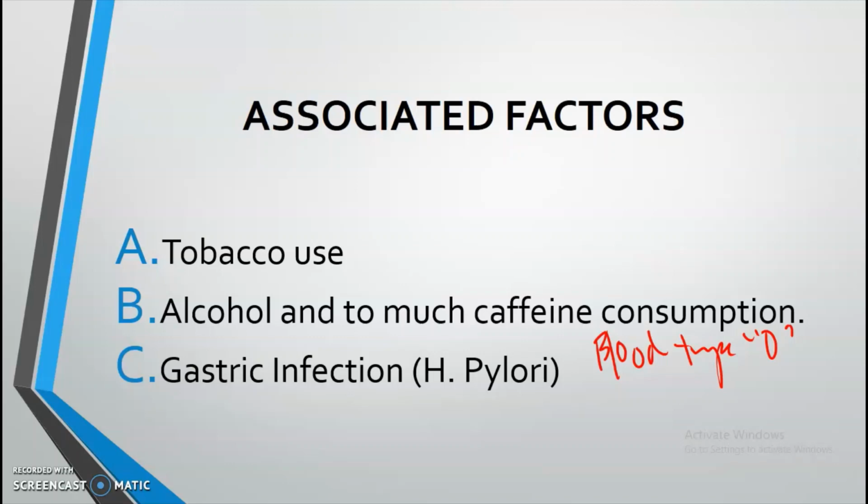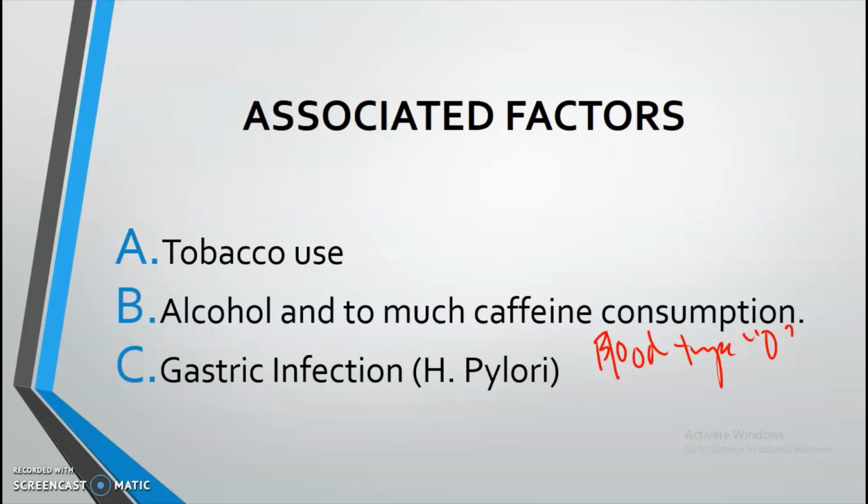According to a lot of studies, though they don't have the exact data on why it is happening, patients with blood type O actually have a significant number of H. pylori in them. So those are the associated factors and the precipitating factors that can contribute to the development of your gastroesophageal reflux.